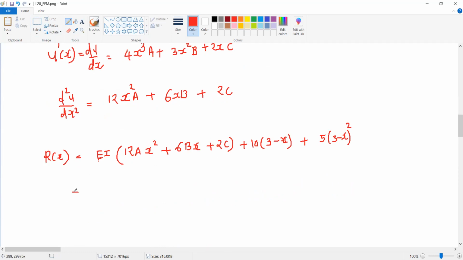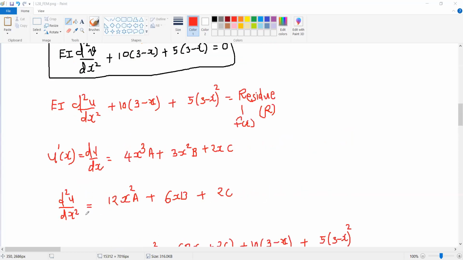So what we do is summation. So in weighted residual method, we claim that integration from minus infinity to infinity weighing function into residue dx is equal to 0.